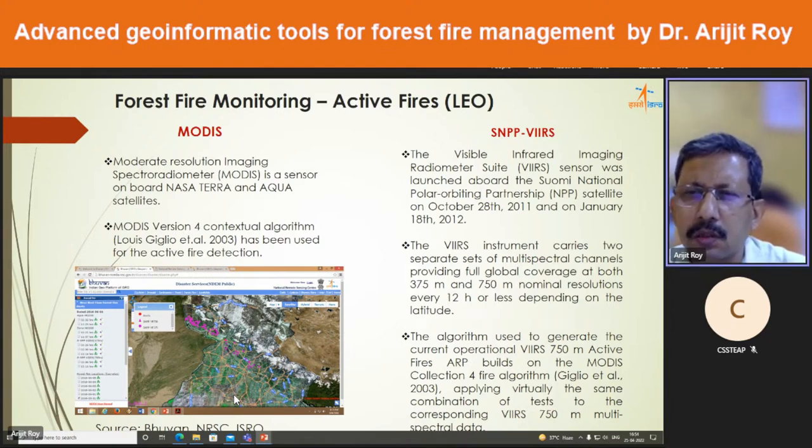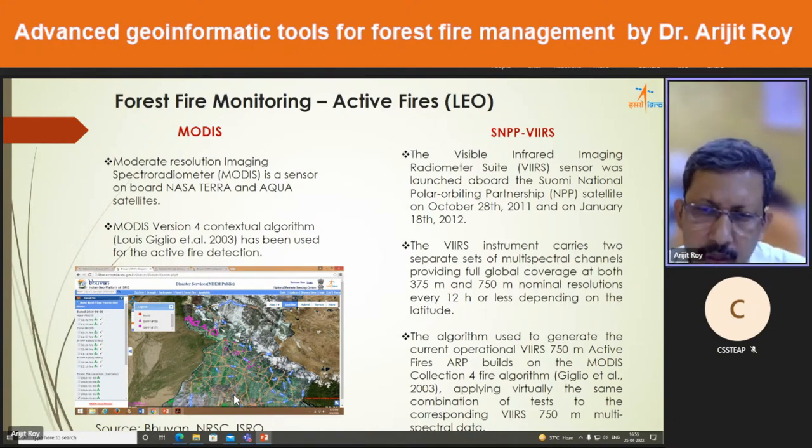One was launched on October 28, 2011, and another on January 18th of 2012. This carries two separate sets of multispectral channels and provides full global coverage at 375 meters and 750 meters every 12 hours or less, depending on the latitude.